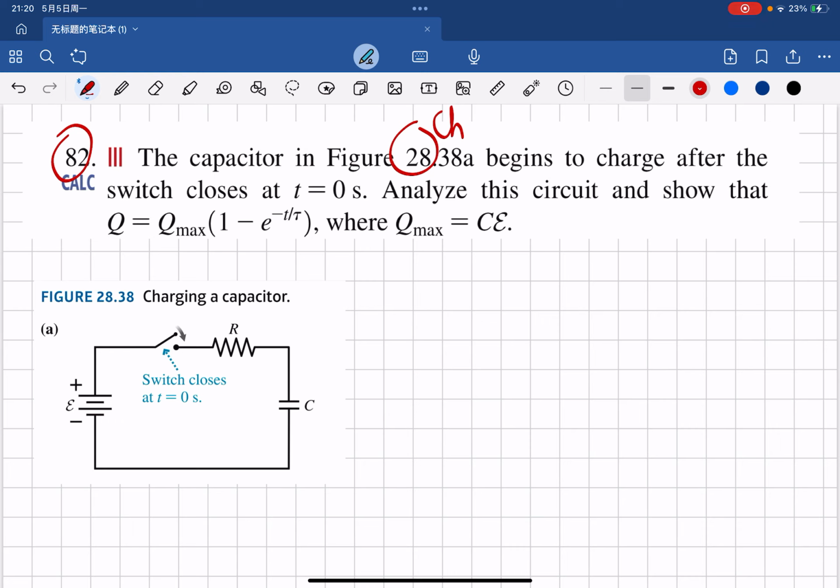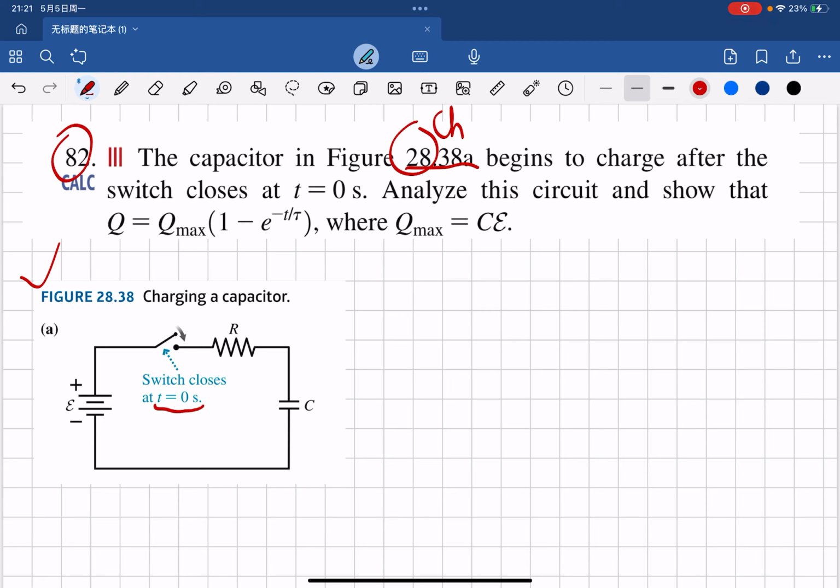And there we have the figure I showed there, and there is the capacitor problem that begins charging after the switch closes. The switch closes exactly at time t equal to zero, and the goal is to analyze the circuit and derive the equation for charge over time.